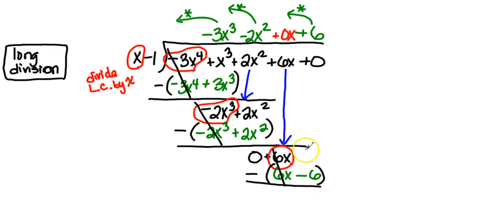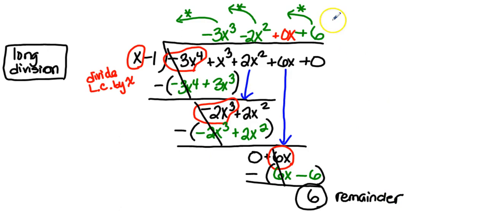And then I don't really have anything, I mean, you could imagine a 0 here. 0 minus minus is a plus, 6 results. I have nothing else to drop down. Dropping down a 0 doesn't accomplish anything, which means this is my remainder.